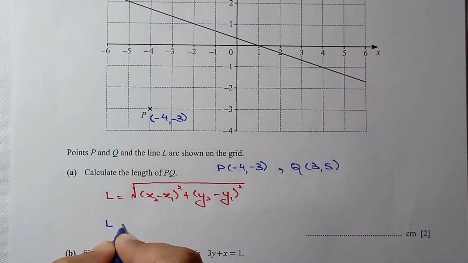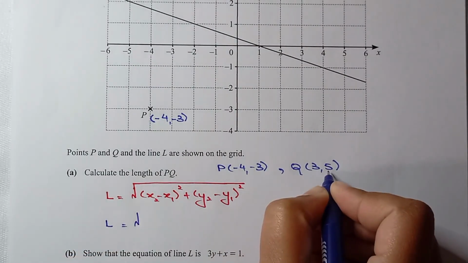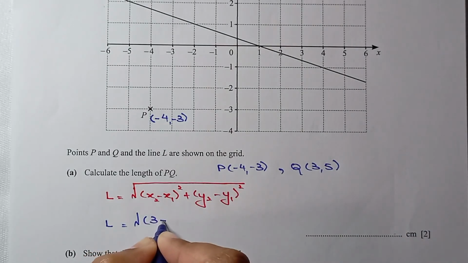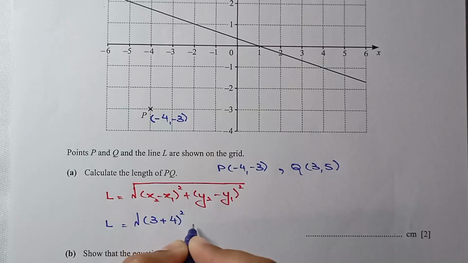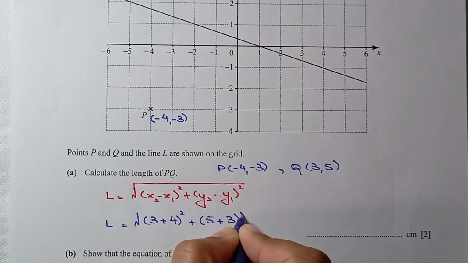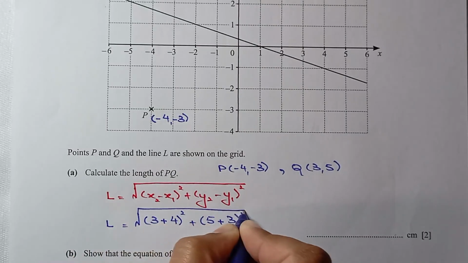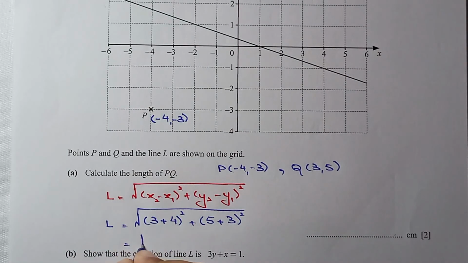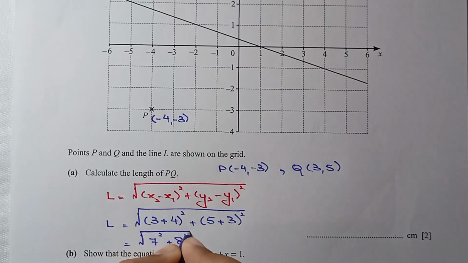The length would be the square root of x2 minus x1, so 3 minus -4 would be +7, squared, plus y2 minus y1, 5 plus 3, squared. Simplifying, this would be 7 squared and 8 squared.